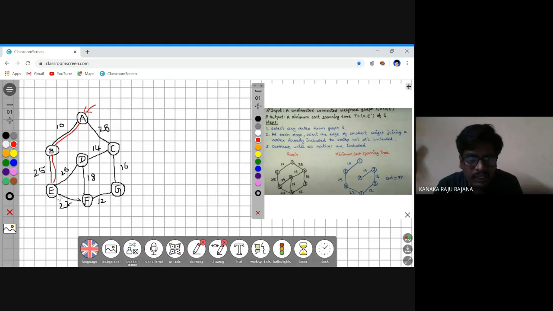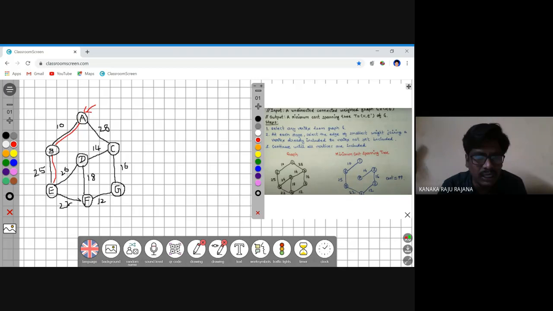Now, if I go further from E, there are two basic edge weights, one across D with a weight of 26 and the other across F with a weight of 22. Clear? Now you need to judge which is the smallest weight among these two, and that weight should be traversed further to the consecutive next vertex.